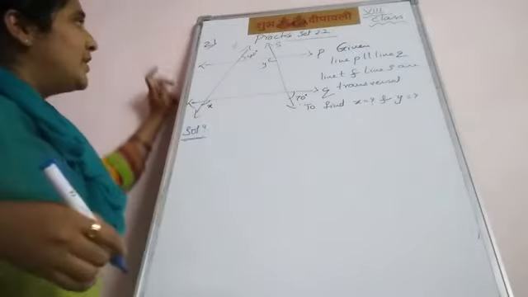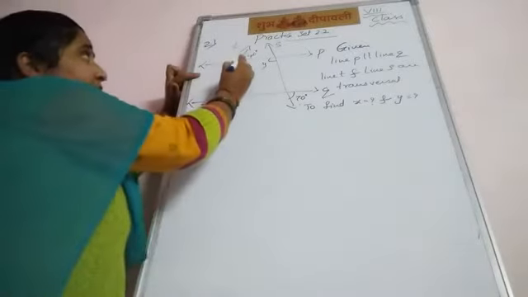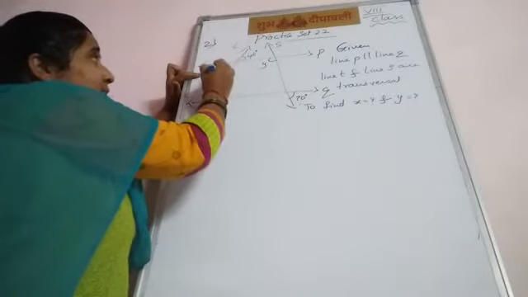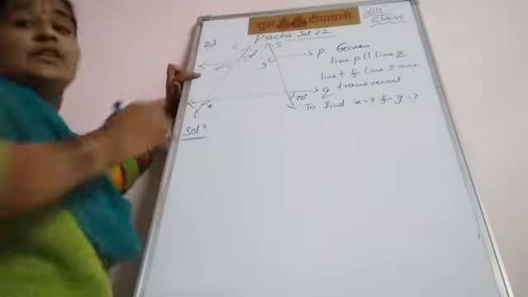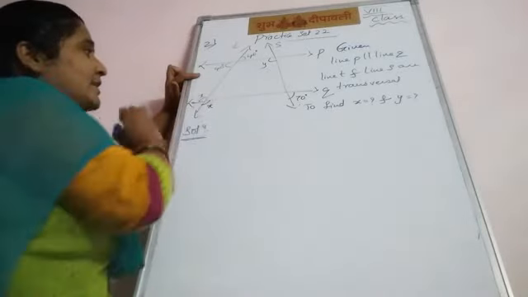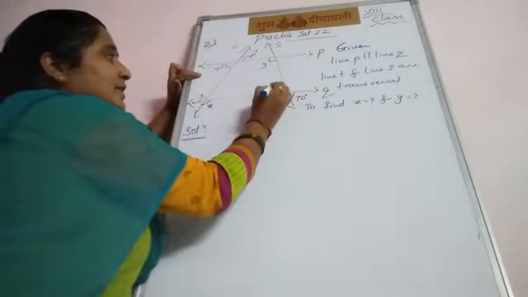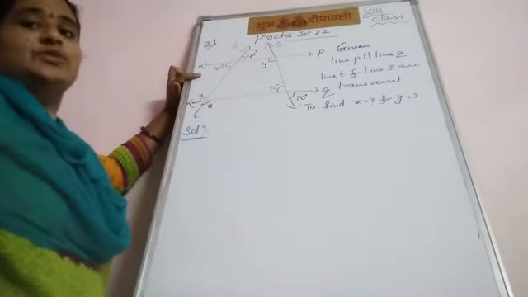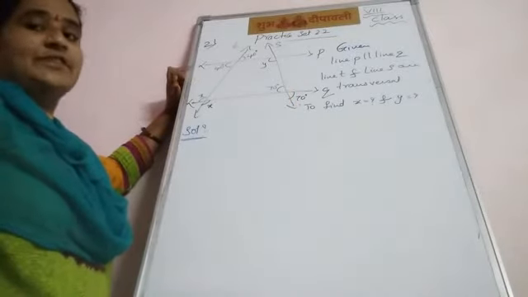Here 40 degrees, and vertically opposite, I am using the concept that vertically opposite angles are congruent. See here, x and x. Here also 70 degrees. There are two ways to solve the question. I am explaining the first way.